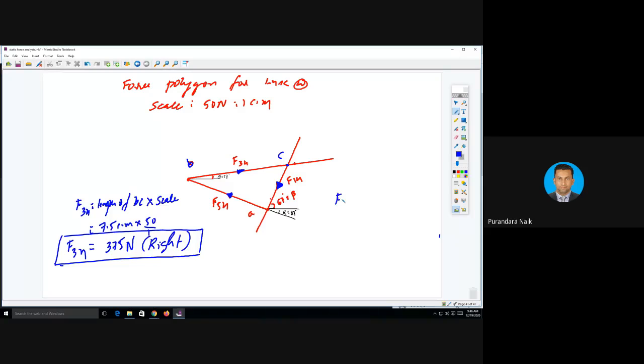Similarly, F14 is equal to length of AC into scale.